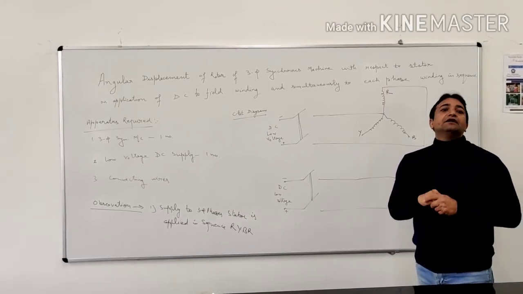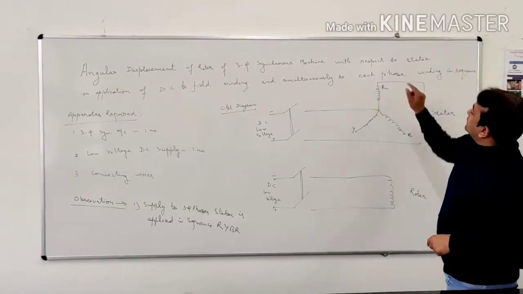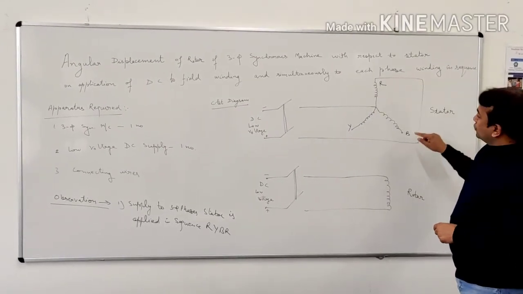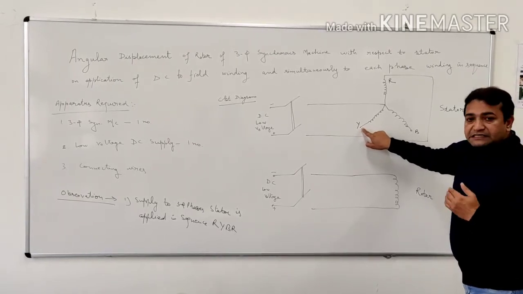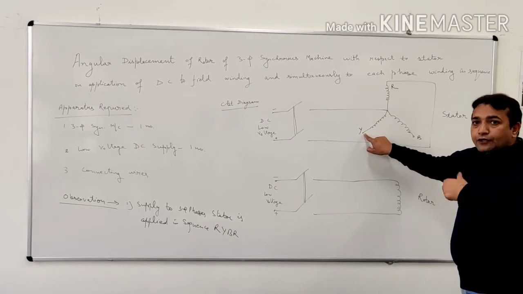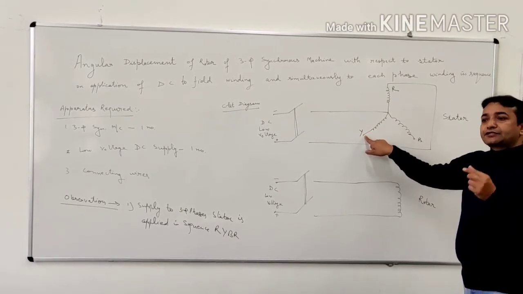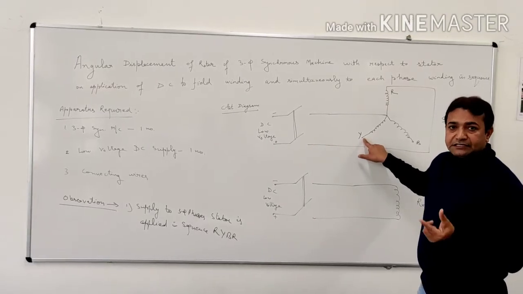Now the second point in the procedure is: connect the open terminal to the Y phase, and you will see that a field is produced and the rotor again rotates through an angle and stops when the two fields align with each other.